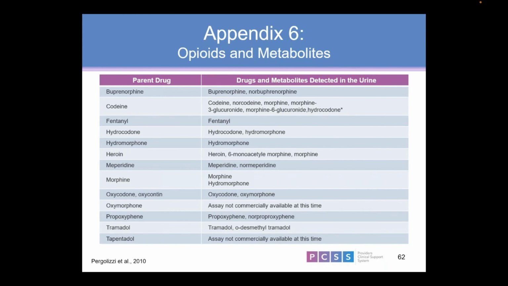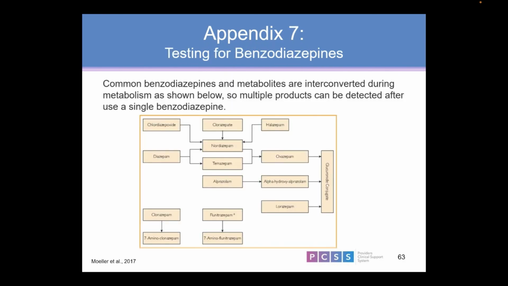Here is more breakdown of opioids, and how you might see a certain product come up as per the breakdown, like codeine. At the same time, with the synthetics, you need to be looking for specific synthetics over time.